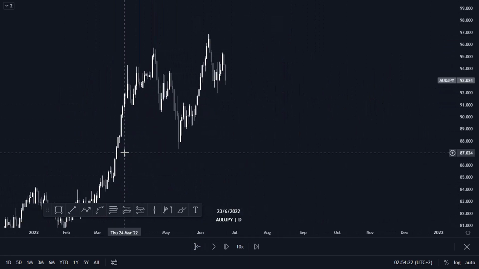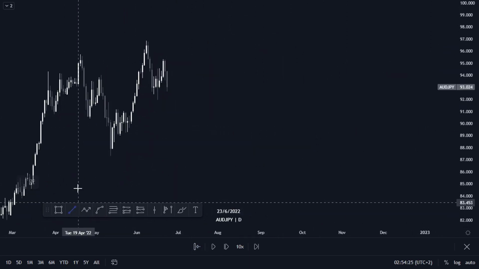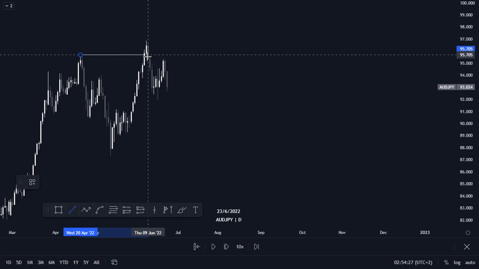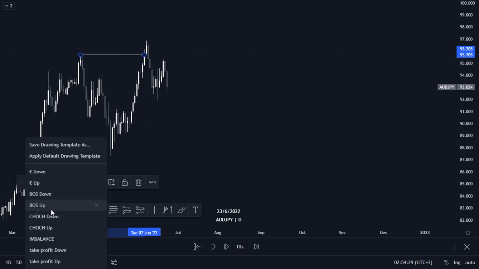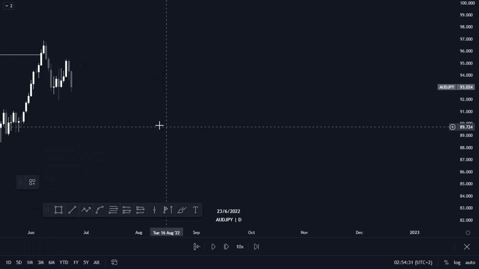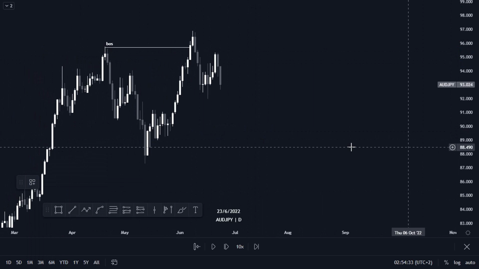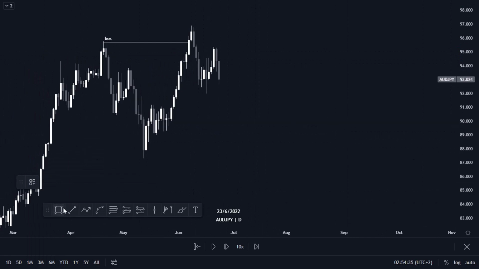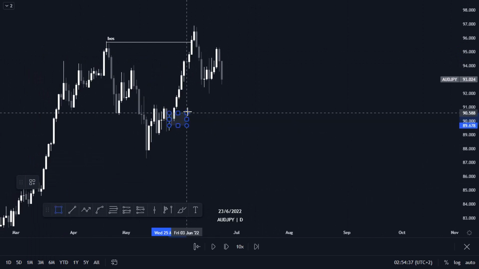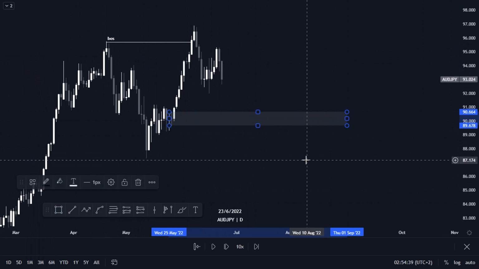So here we can see that AUDJPY created a break of structure, and once price creates a break of structure like that, we can see that we have this beautiful demand area that has left.